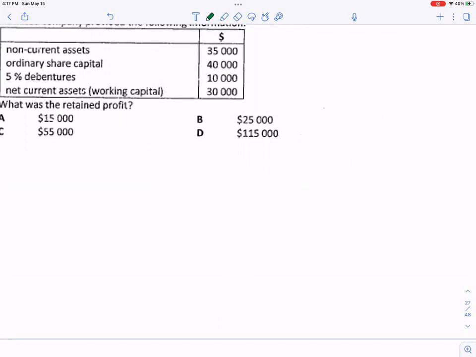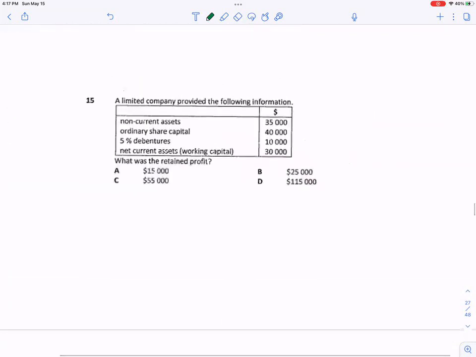Try this. What was the retained profit? Retained earnings and profit are the same, right?